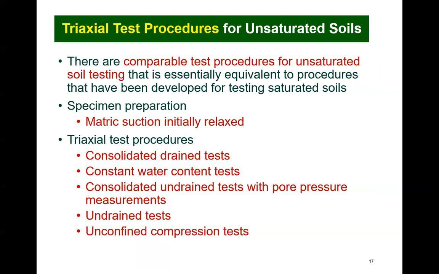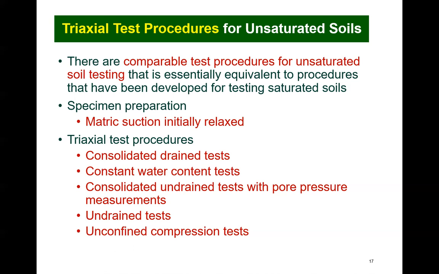There are a variety of stress paths that could be followed when testing for the shear strength of an unsaturated soil. The stress paths are similar to the stress paths that have been proposed and used for testing saturated soils. The test procedures can be labeled as follows. Number 1, consolidated drained tests. Number 2, constant water content tests, which is a new test procedure.